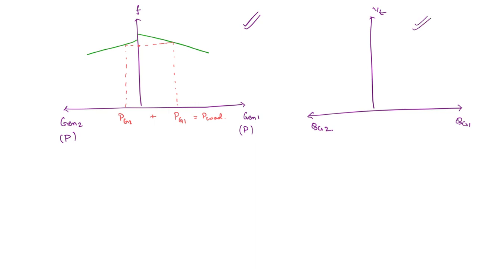Same principle will apply. So we will first discuss this, and the same thing will apply to the other as well. We will draw the characteristics once again. This is the frequency, this is for generator 1, and this is for generator 2. Now we have the characteristics like this, and the system is currently operating at this frequency.